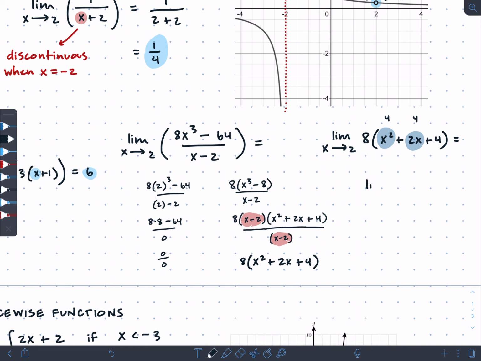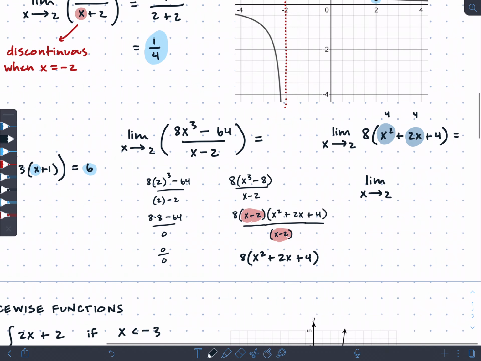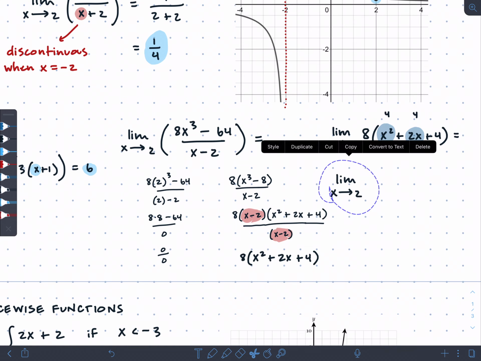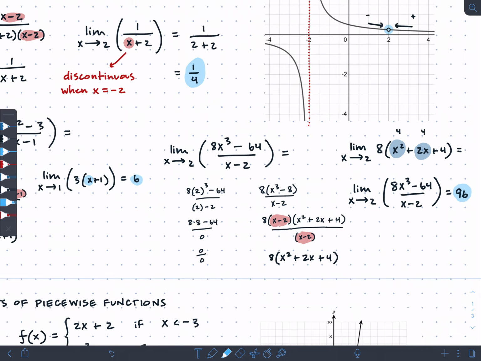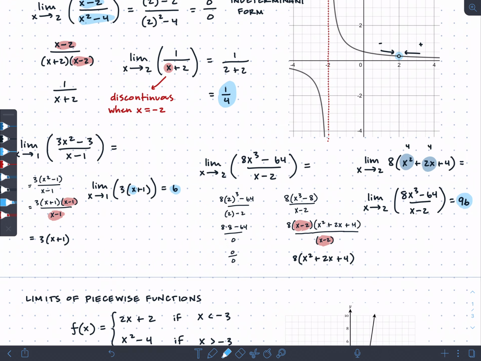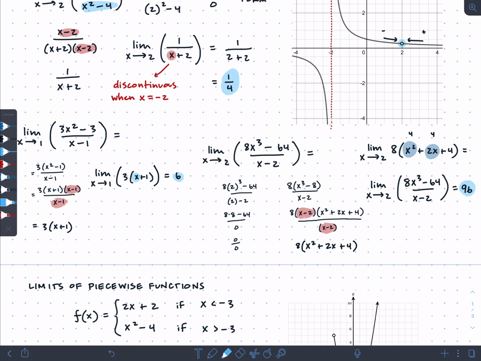So I'm going to write this off to the side here. As our original limit, 8x cubed minus 64 over x minus 2, as x approaches 2, that limit equals 96. Okay, that's a little bit of work there, but that's alright.